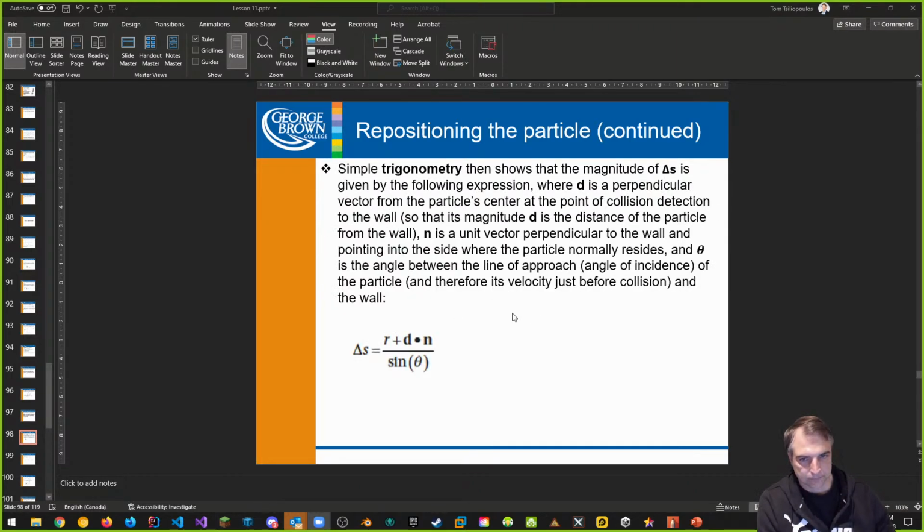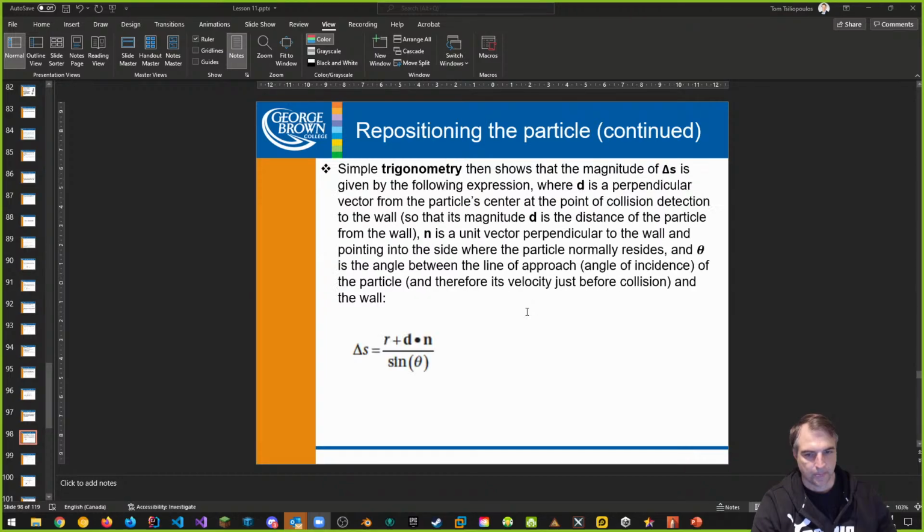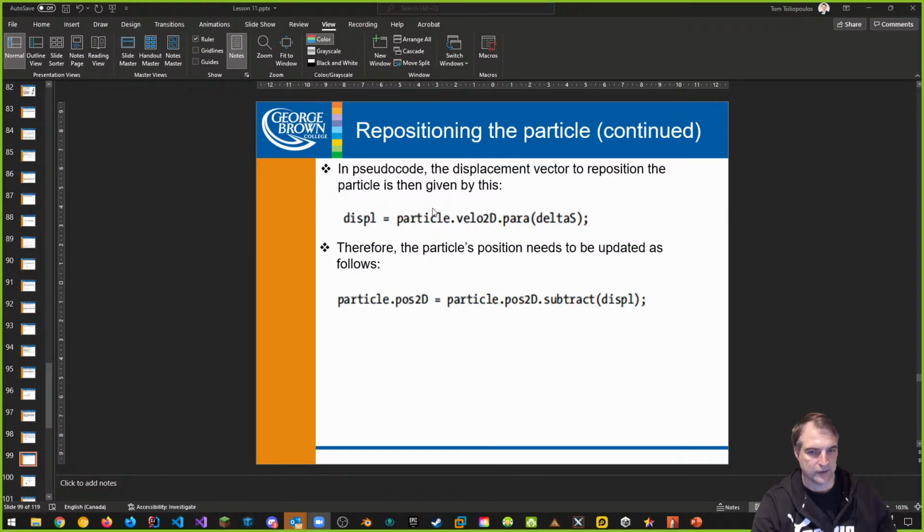All right. When we reposition, we want to think about the direction, as an example, and we use trigonometry to do this. When we displace the particle, it is carried back along that same angle of approach.